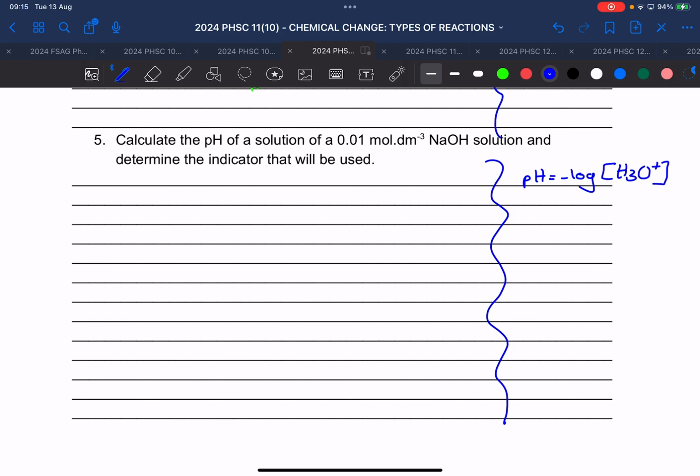But I don't have the hydronium ion. I only have sodium hydroxide. What is my plan, Lesedi? How can you go from hydroxide to hydronium?